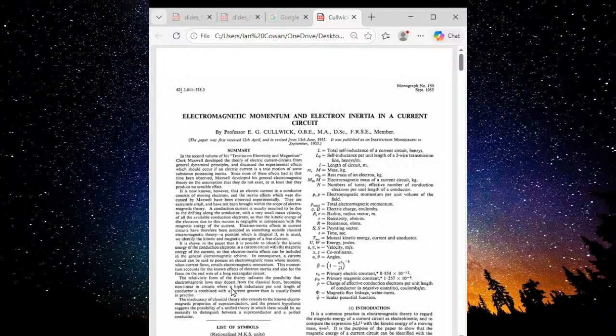But it was discovered in trying to nail everything down perfectly and revise Maxwell's theory in the light of Newtonian mechanics and Newtonian mechanics applied to electrons. But he ran into some trouble.